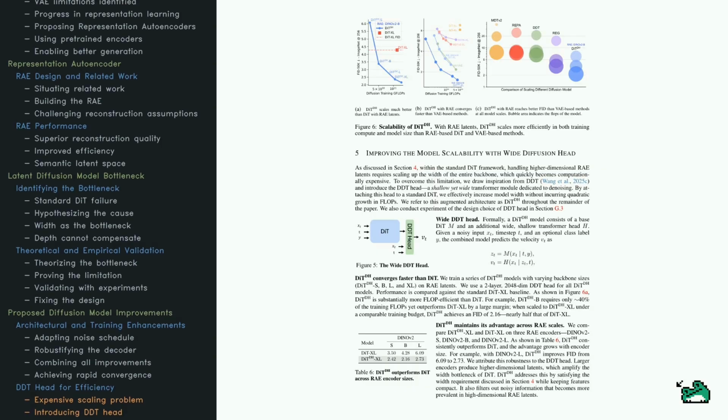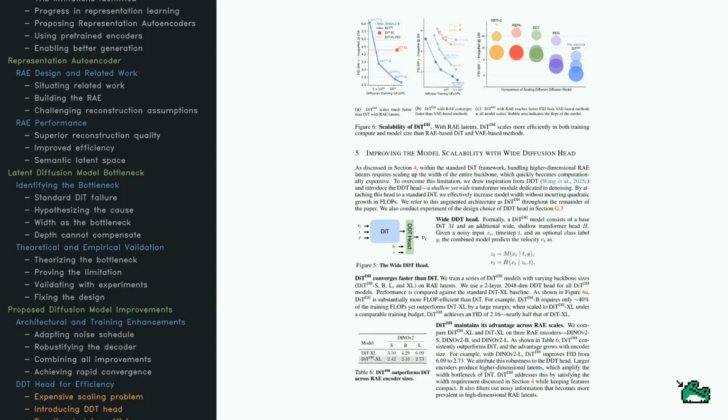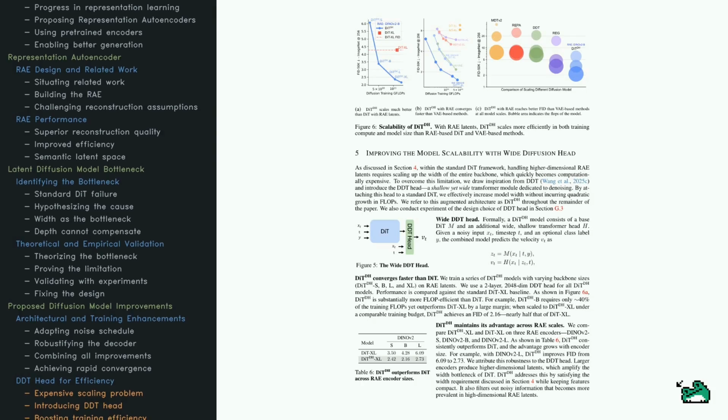Then, they just tack on a small, specialized module at the very end. This head is very shallow, only a couple of layers deep, but it's very wide. It does the heavy lifting of handling the high-dimensional RAE latents right at the final step. This gives them the best of both worlds: the necessary width without the massive computational overhead.